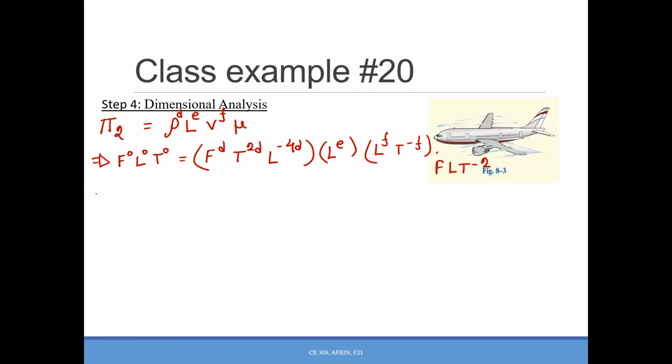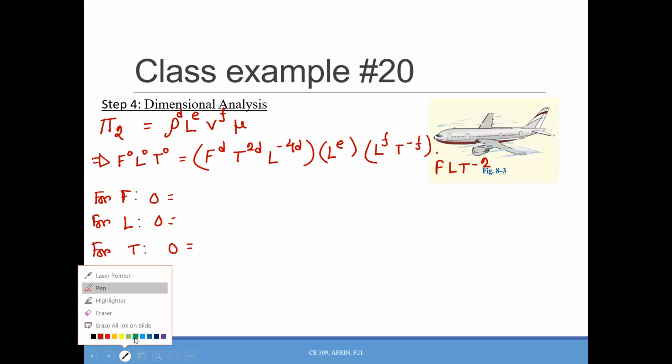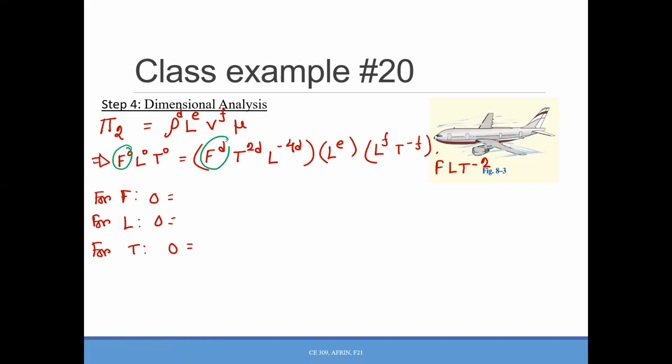Okay, so for F, 0 equals to, for L, 0 equals to, for T, 0 equals to, now we will identify. The first one is F: D plus 1, which directly gives you this one.